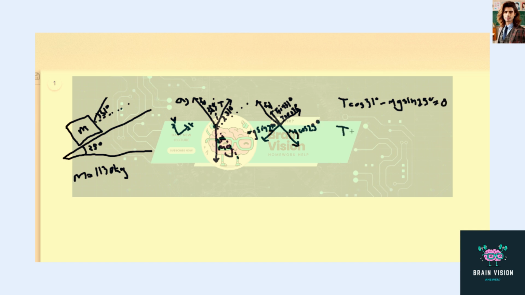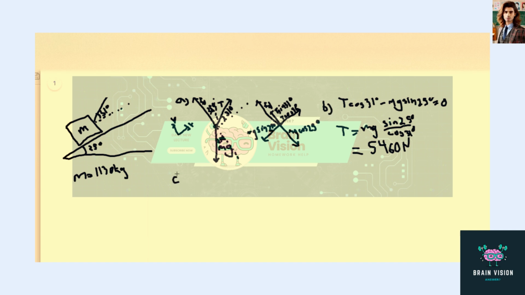So solving for T leaves us with mg sine of 25 degrees over cosine of 31 degrees. And plugging in our appropriate values for that, I get 5,460 newtons as our answer for part B.